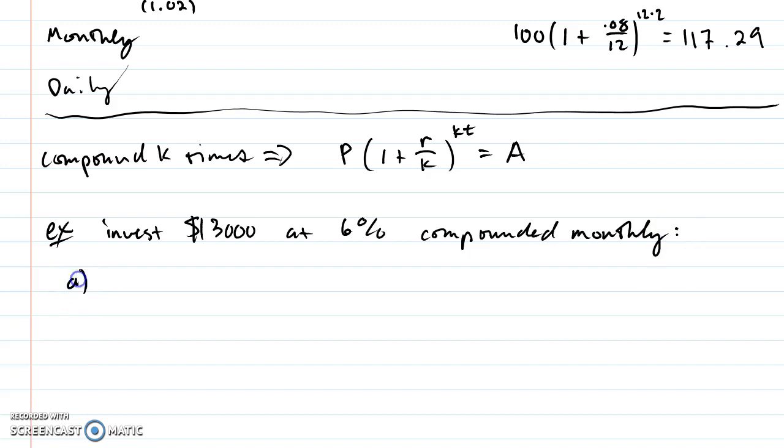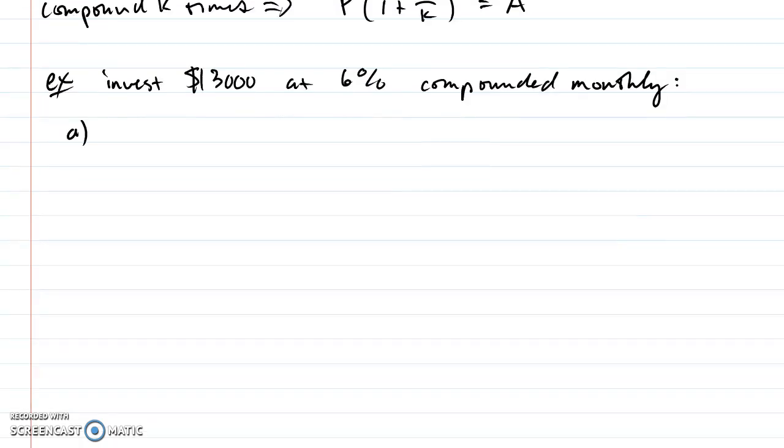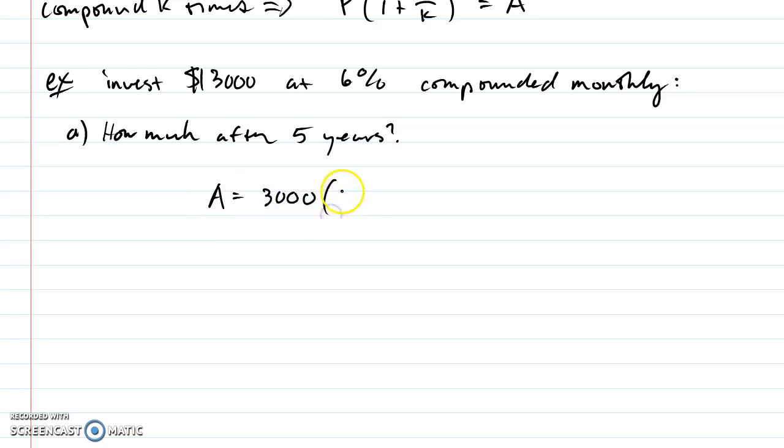Then you could ask two questions, like A, basically, how much after 5 years? So let's plug it into our formula. 3,000 times 1 plus 0.06 divided by 12, to the 12 times 5.